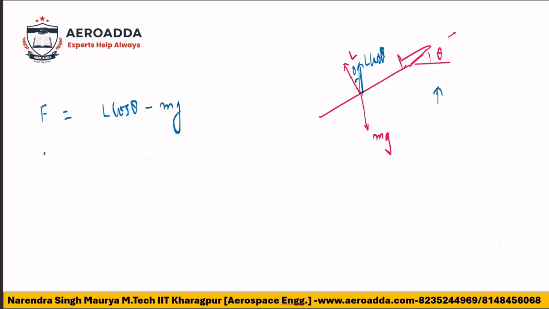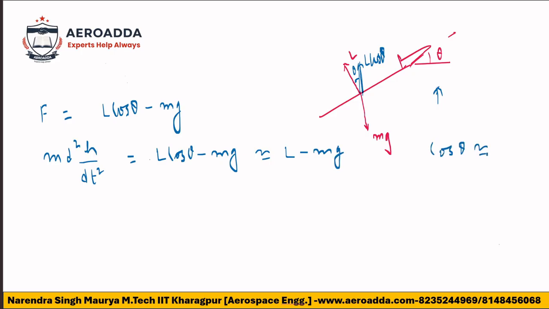So F is d square H by dt square, which is L cos theta minus M. If you want to write cos theta, it's okay. Otherwise, for a small angle theta, because it's a flight path angle, you can write L minus M, with cos theta approximated to 1.